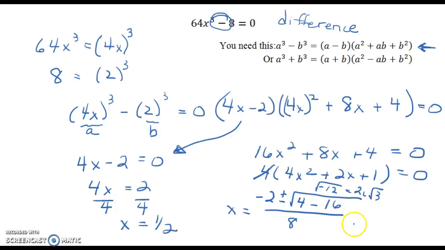So x equals, let's see, the 2's can cancel out, and 4. So I have negative 1 plus or minus i root 3 all over 4. And those are my other two roots, because remember there's a negative 1 plus i root 3, and there's a negative 1 minus i root 3.